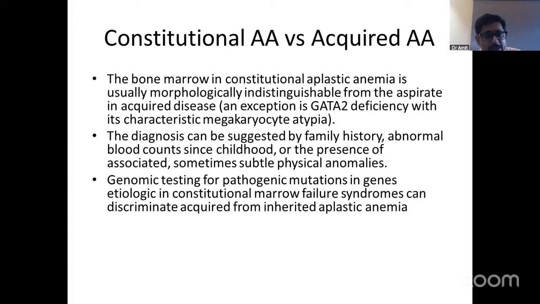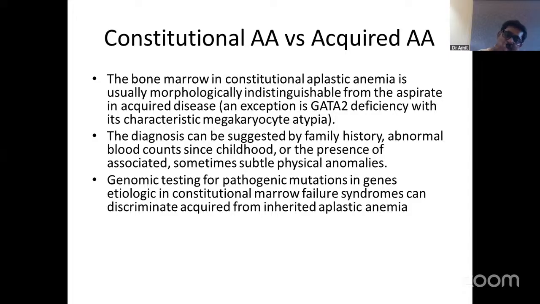A bone marrow in constitutional aplastic anemia is usually morphologically indistinguishable from aspirate in acquired disease, and the diagnosis can only be suggested by family history, abnormal blood counts since childhood, or the presence of associated, sometimes subtle physical anomalies, as I told you, cafe au lait spots, the skeletal thumb, fibrosis of lung, fibrosis of liver, suggesting telomeropathies, ribosomopathies, or Fanconi's anemia. Genomic testing is going to help.